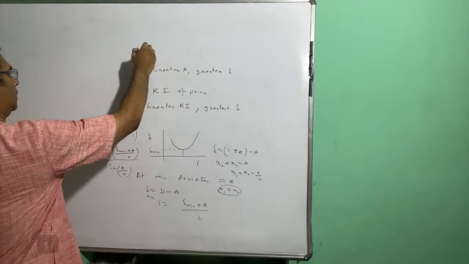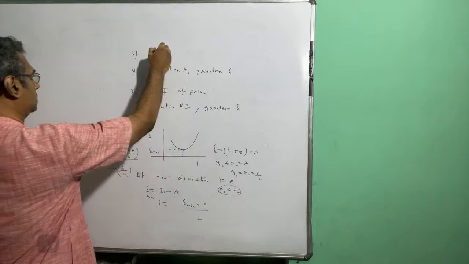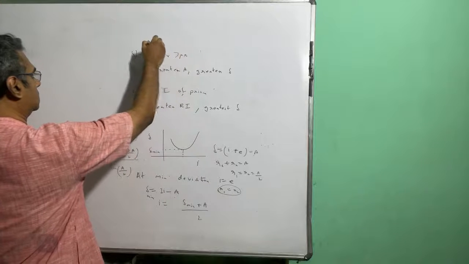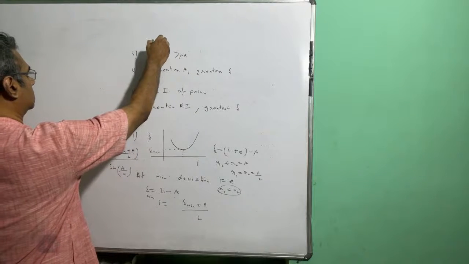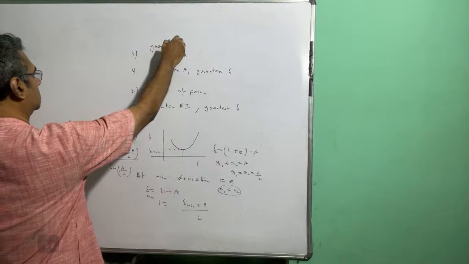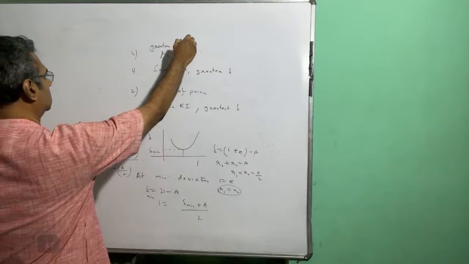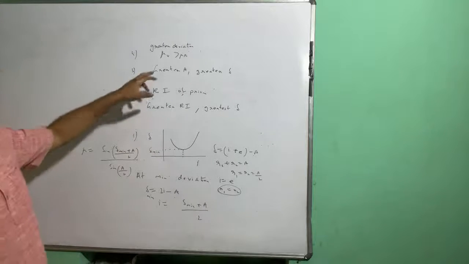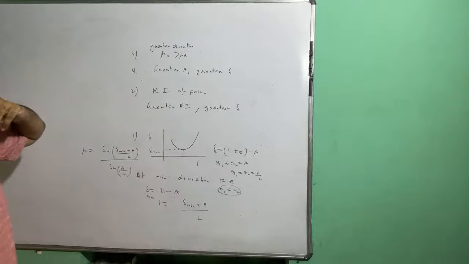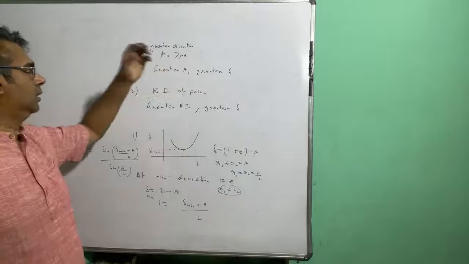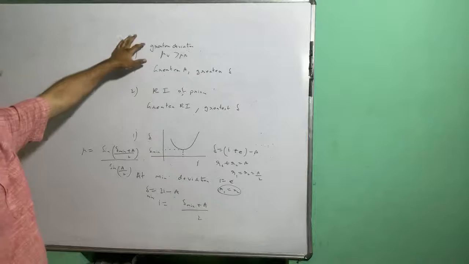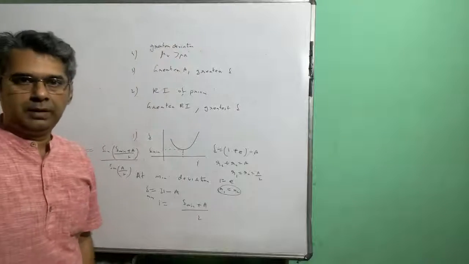And number 4, the color of light. The refractive index of violet is greater than the refractive index of red, so violet will produce greater deviation than red.